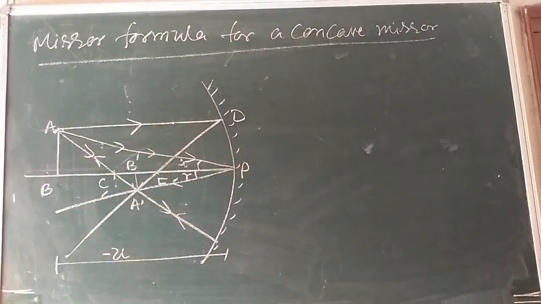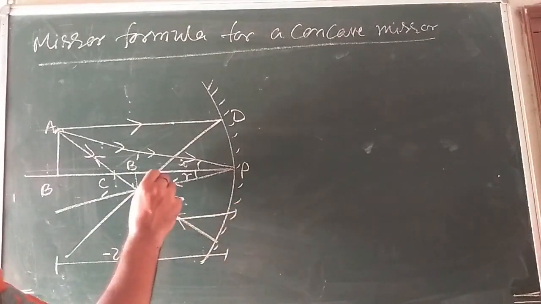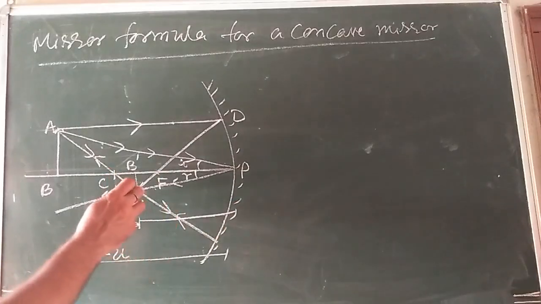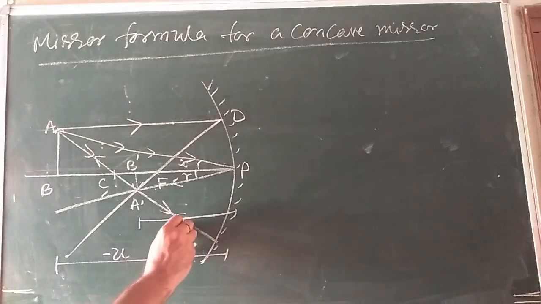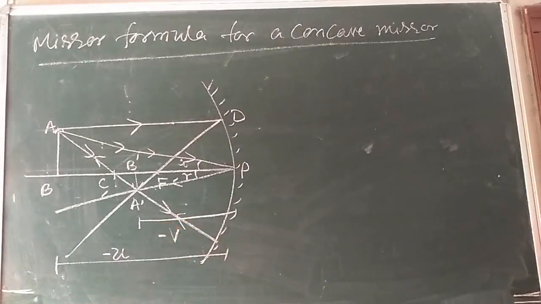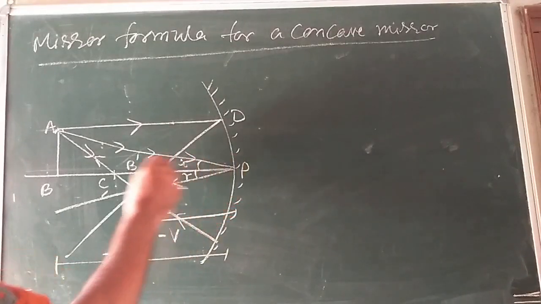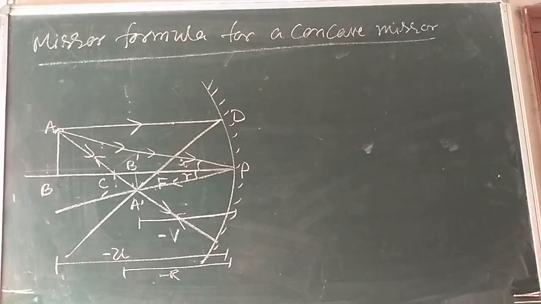We are measuring against the incident ray. Here we are getting the image in between focus and center of curvature. This is the image distance. This is called V. It is also minus. The distance from the pole to the center of curvature is called radius of curvature. It is also minus. So draw this figure.